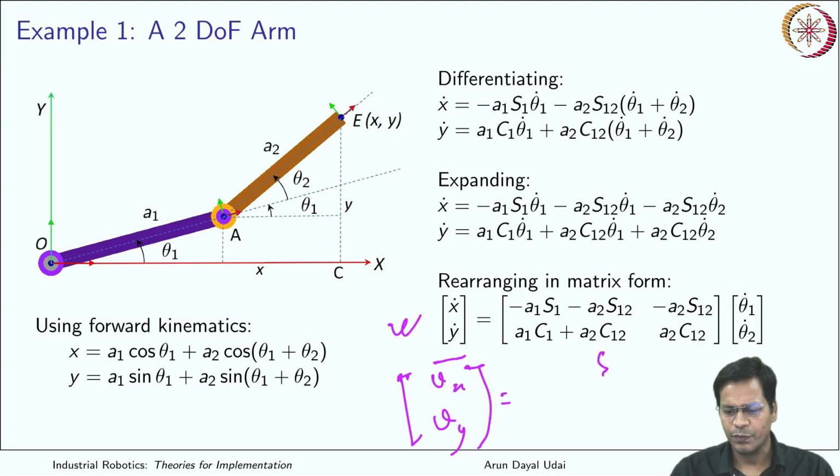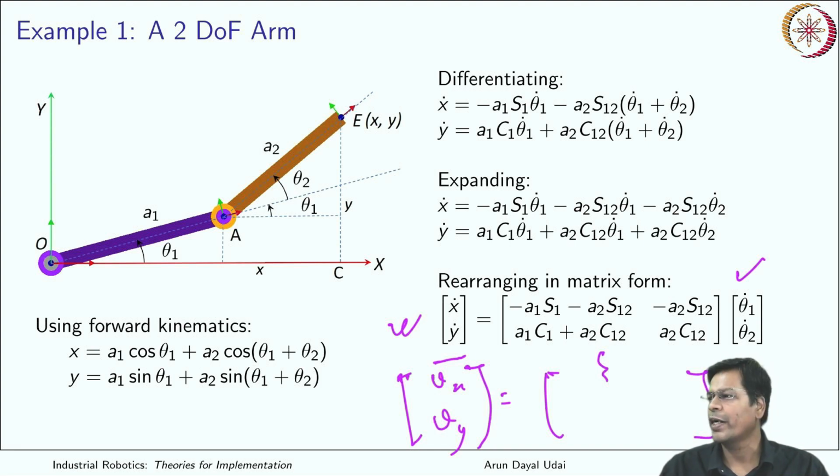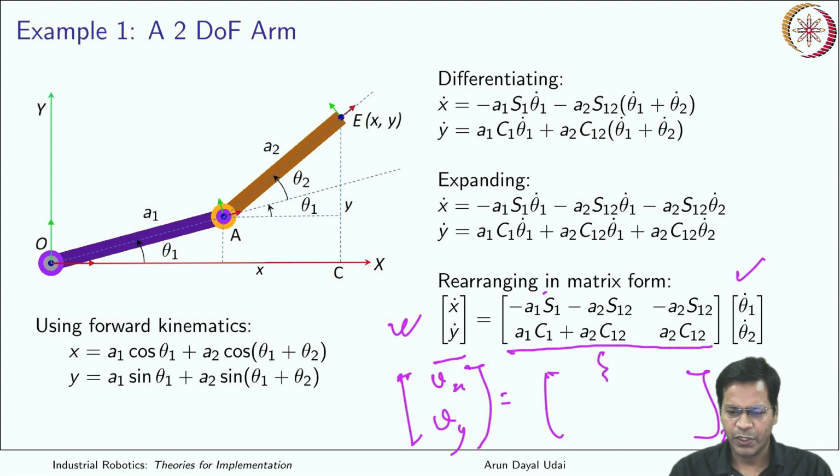This becomes your matrix, which is of 2 cross 2 type, and you have a matrix here which is the input joint rates, and within the matrix all the joint angles have gone into sine and cosine terms. So it is a 2 cross 2 matrix.